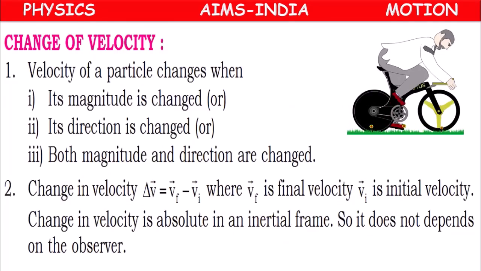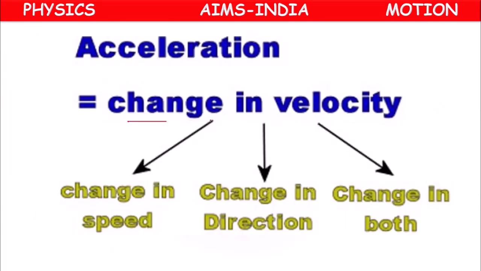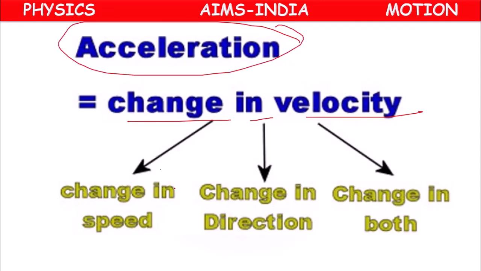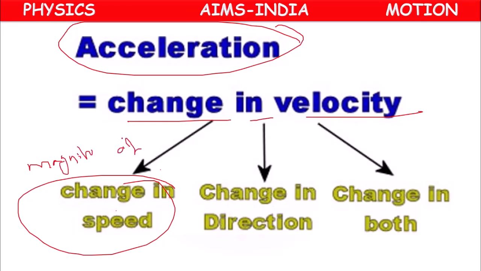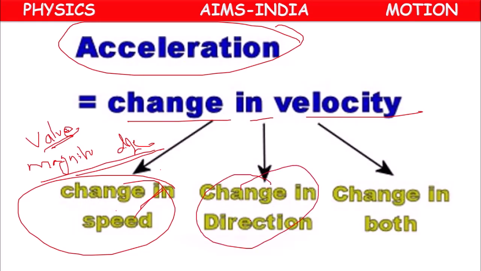So this change in velocity is called acceleration. It may be because of change in speed, means because of change in magnitude or change in value. If the change happens because of magnitude, we call it change in speed, or because of change in direction, or because of change in both.